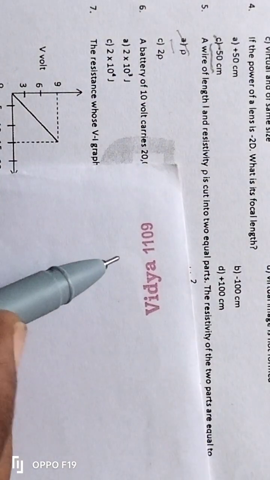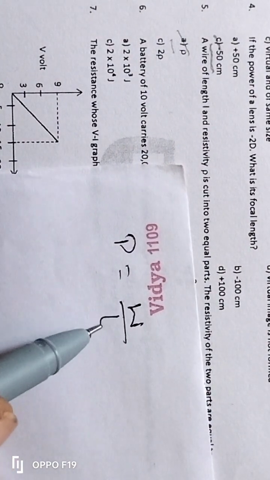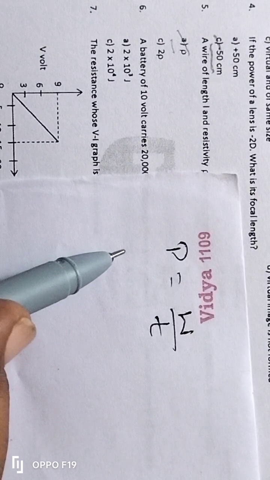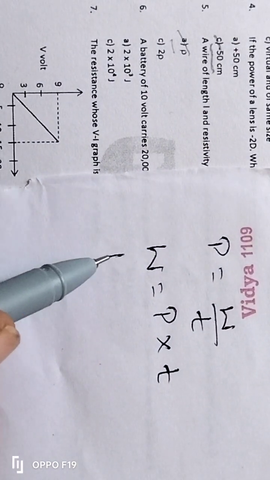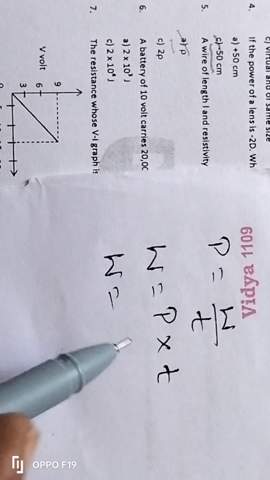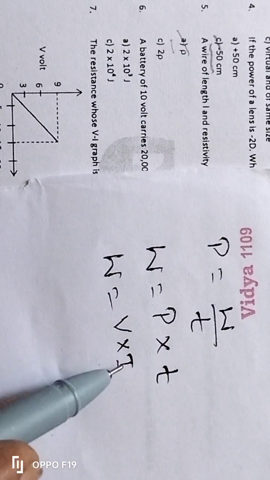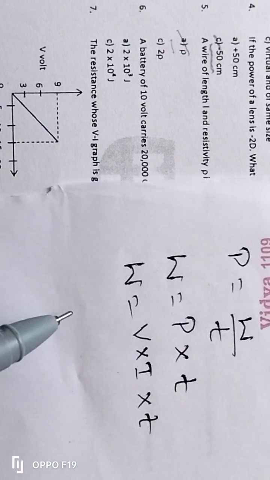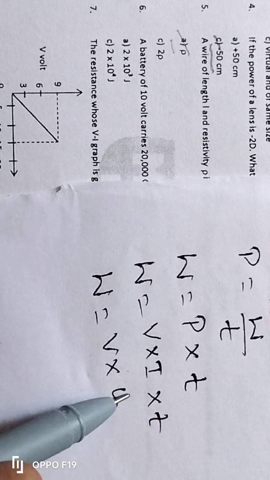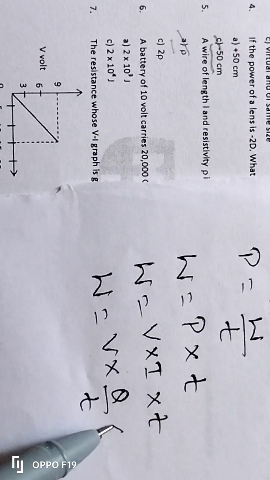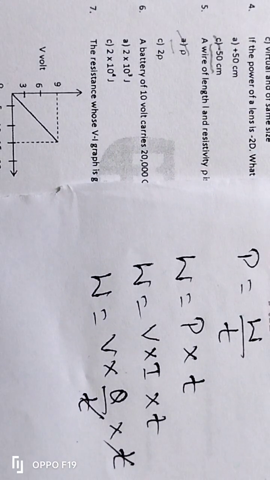We know that power is equal to work done by time taken, or work done is equal to power into time. Power is V into I, so work done is V into I into T. I is equal to Q by T, so T gets cancelled.